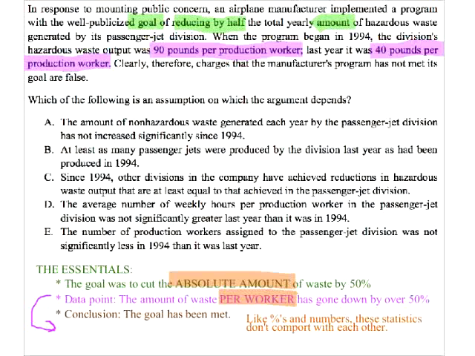This could come from, number one, an actual decrease in pounds. Or it could also come from an increase in the number of workers. You could have that reduction come entirely from just having twice as many employees. Or in a worst case scenario, you could even have more waste, but so many more employees that the per worker quantity would go down.